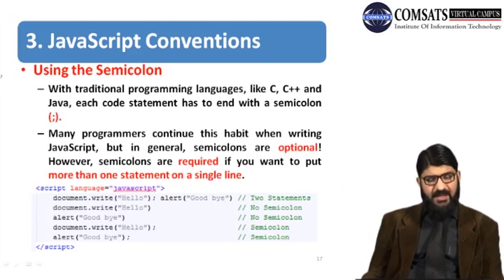And many programmers continue with this habit when writing JavaScript. But semicolons are optional in JavaScript. So if you do not mention the semicolon, the code will be executed as well.